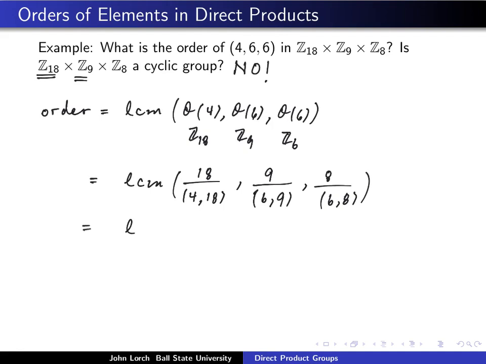That turns out to be the least common multiple of 18 over 2, 9 over 3, and 8 over 2, which is the least common multiple of 9, 3, and 4, which I believe is 36.